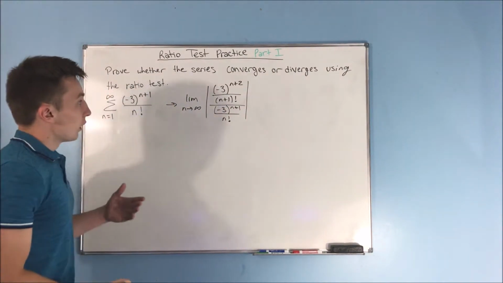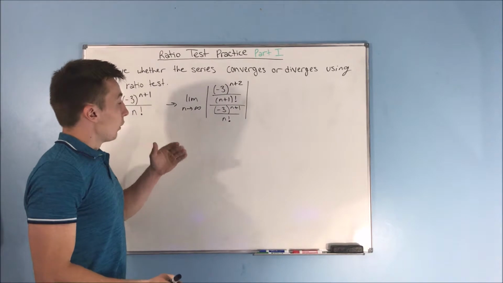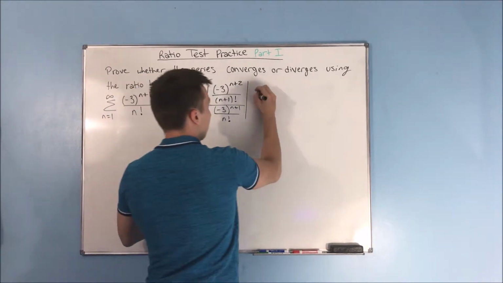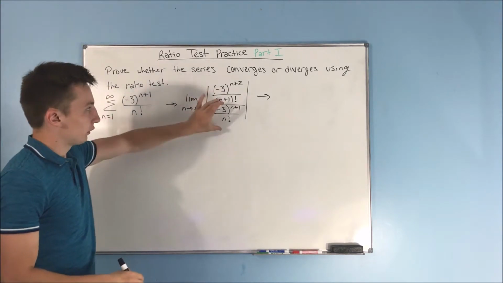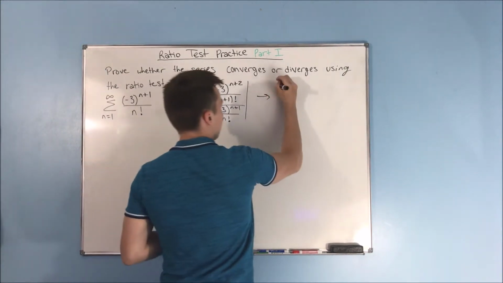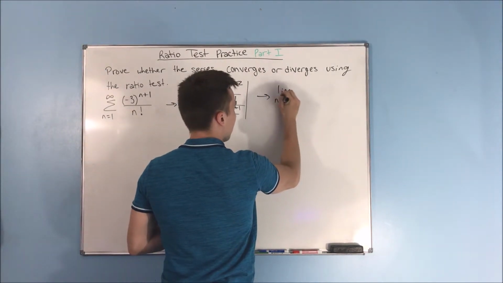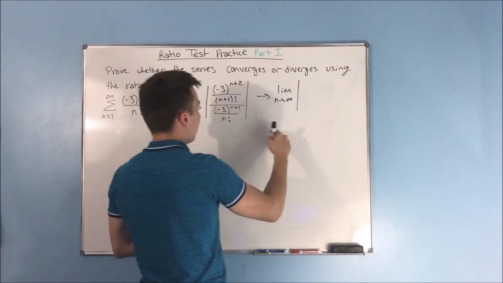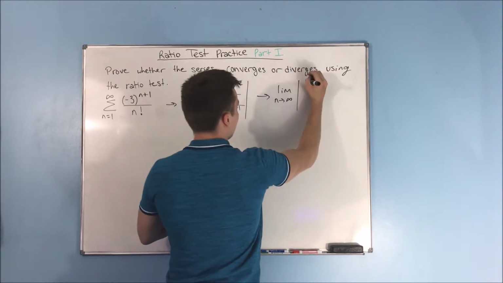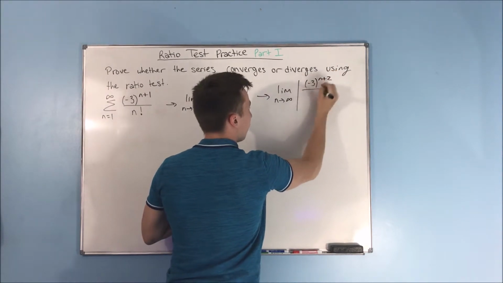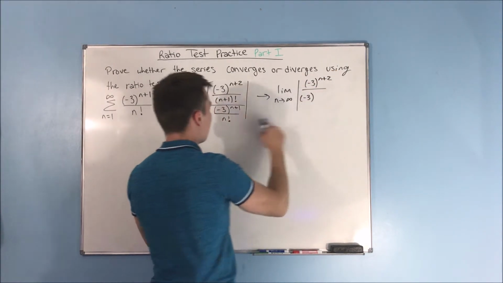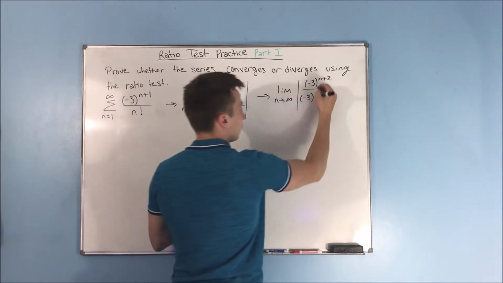Now what we can do here is put everything into one fraction, so we don't have two fractions, which is annoying. The limit as n approaches infinity of -3 to the n plus 2 over -3 to the n plus 1.